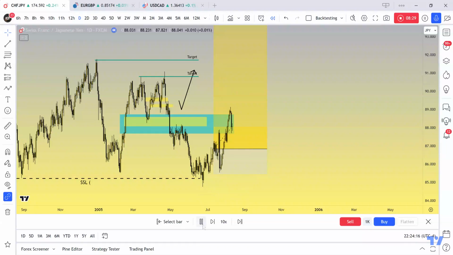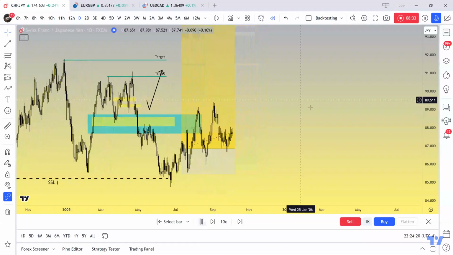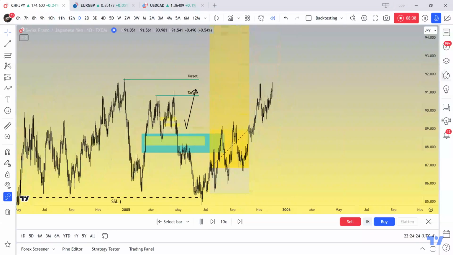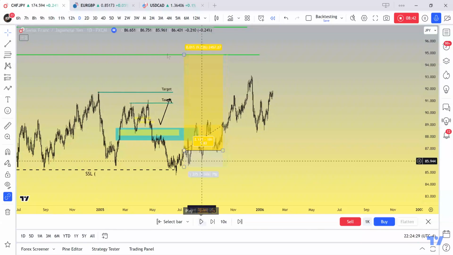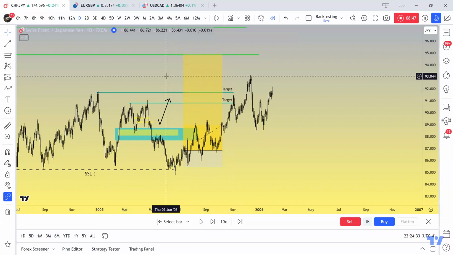That was close. Okay, let's see what happens, right? So we hit the first target here, second.